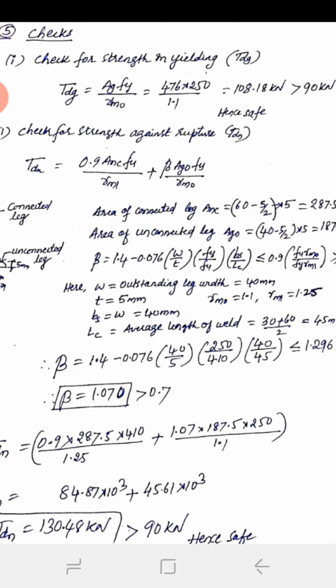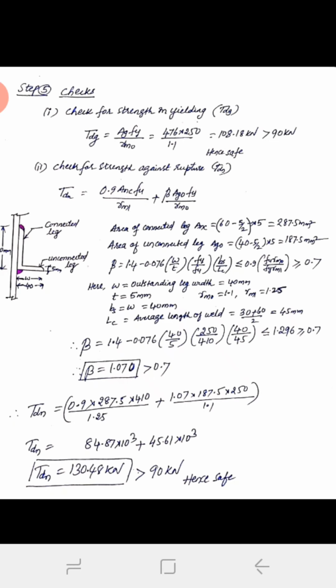If the section is passing in all the three modes, then the assigned section is safe and also the connection details are safe. If any one fails, we need to revise the section. So this is same as bolted connections. All the procedure remains the same for welded and bolted connections, both procedures are same.